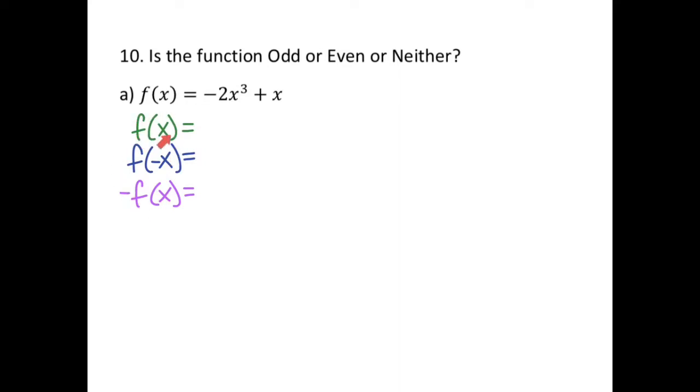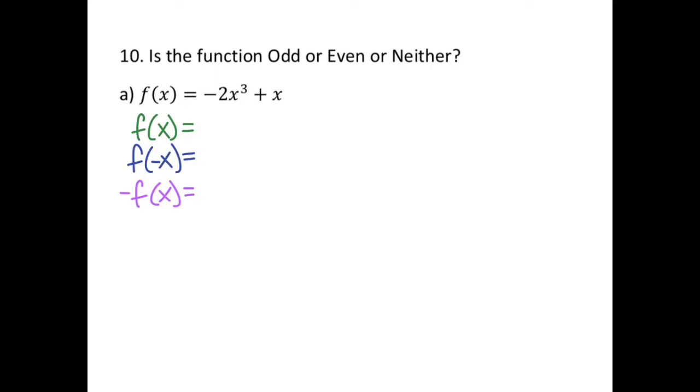We need f of x, the f of negative x, so plugging in the opposite of that number, and then really taking this answer here from the green and just making it the opposite of it. So we should not have to recalculate anything to get this purple answer down here, as long as we have the green one to begin with. In order to start this, we're going to have to pick an x value to plug in.